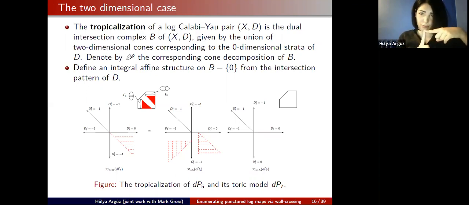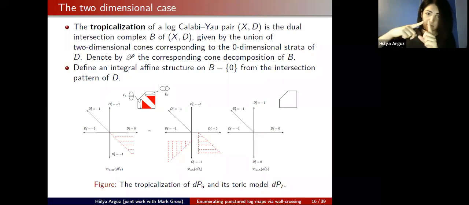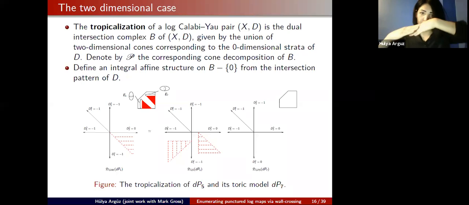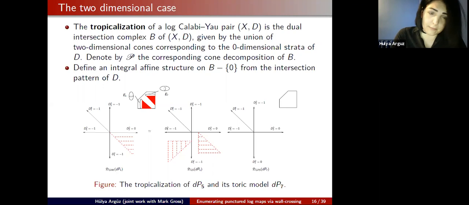You know how to compute self-intersection of divisors: if a divisor is k times the sum of the neighboring divisors, then the self-intersection is -k. So you need it to be -1, you need to have something here, but you don't have something here, so you identify this first thing with other things, and you put a singularity there. So you have a singularity at the origin, an integral affine singularity, as the tropicalization of dP5.